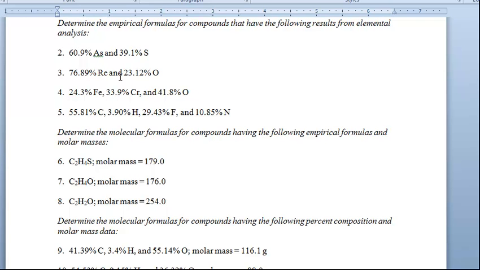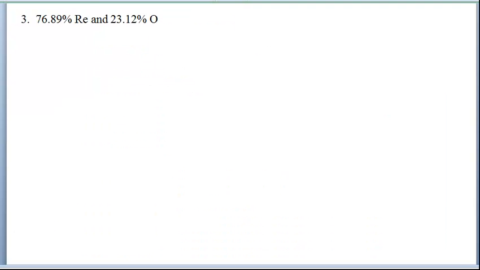So here we have a sample which had 2 elements, rhenium and oxygen, and these are their percent compositions by mass. Okay, so let me go over to the PowerPoint here where I've got a little more space.